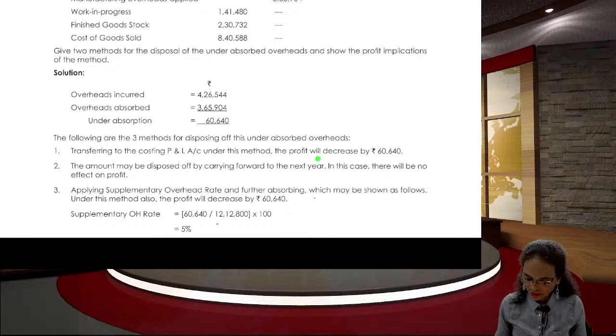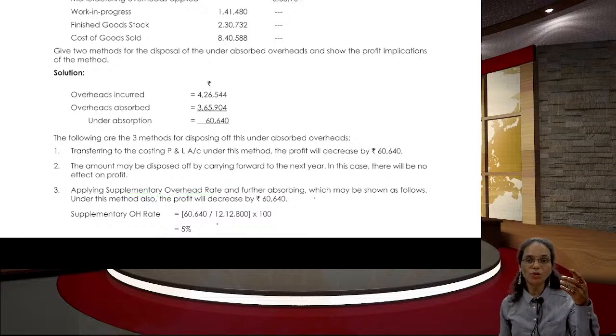So the profit for the current year will be reduced. Or else you can dispose of it by applying the supplementary overhead recovery rate.